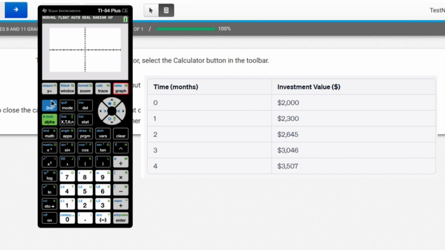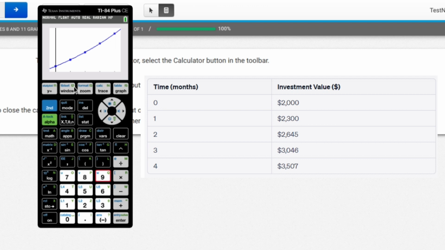This is an unnecessary step. But if I hit second stat plot and turn my plots on, I will be able to see the points that I use. So if I do that, and go to zoom stat, I can see my points along with the curve that goes through it.